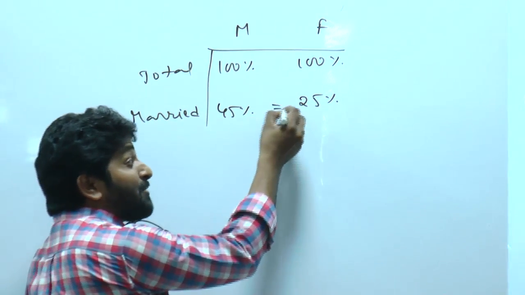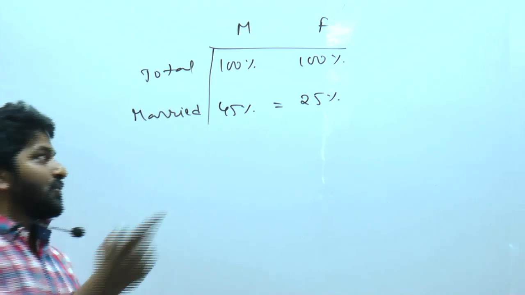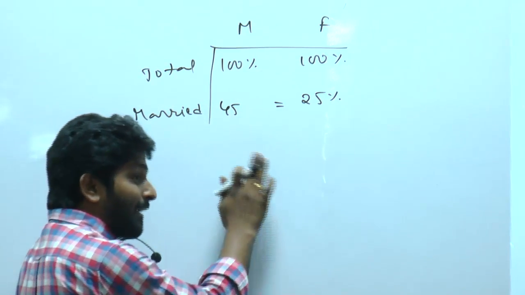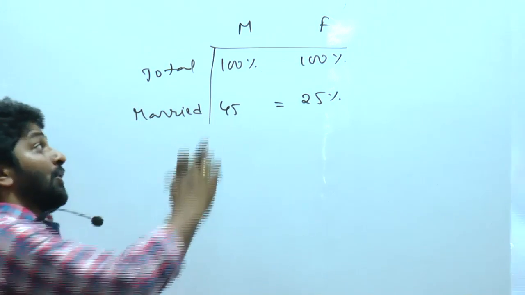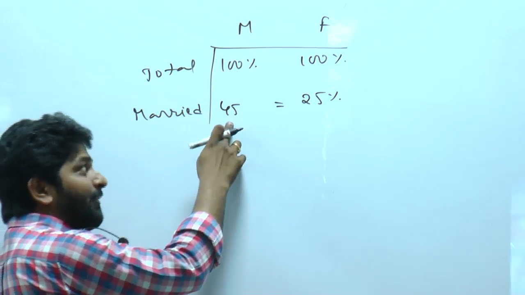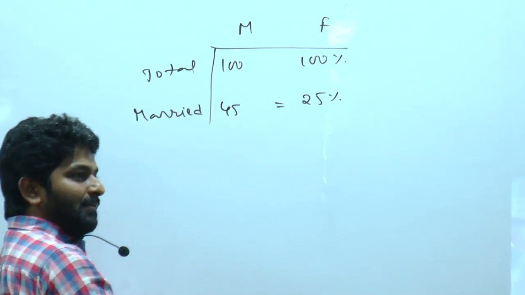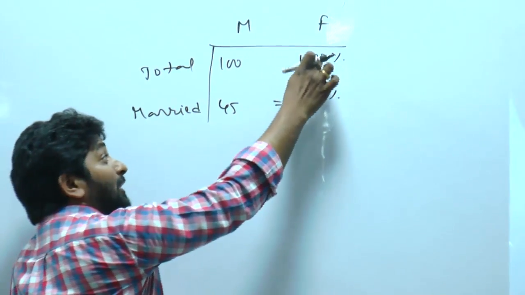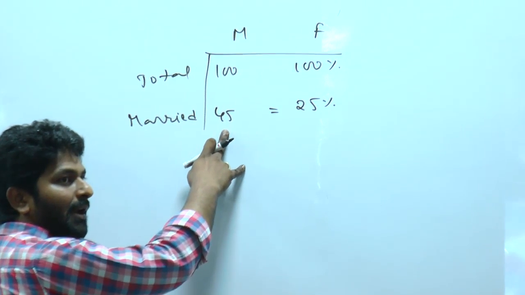So this in terms of a number should be the same. It differs in terms of percentage. So let me treat it as 45 in number. 45 in number. So out of 100%, 45% is 45. Then 100% is 100. Out of total female, 25% is equal to 45. Are you getting it?